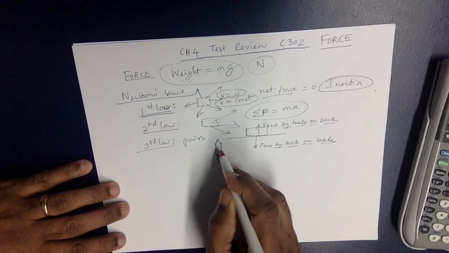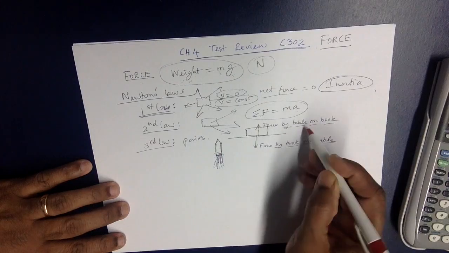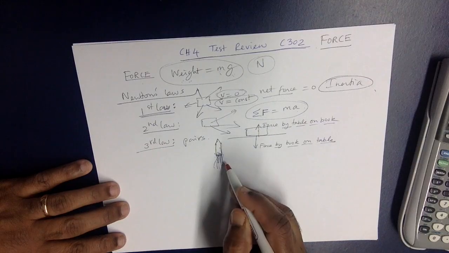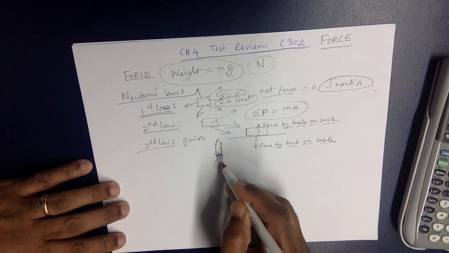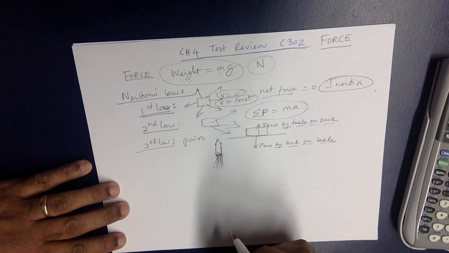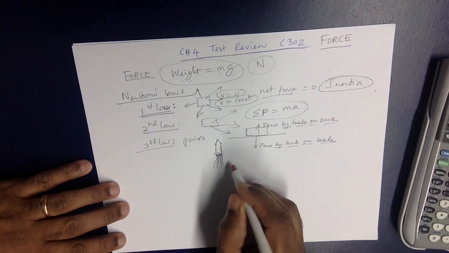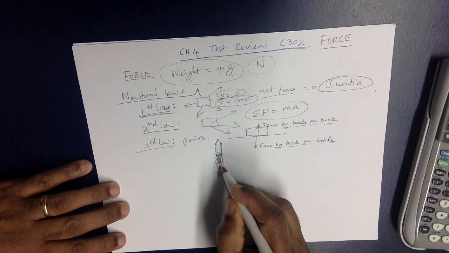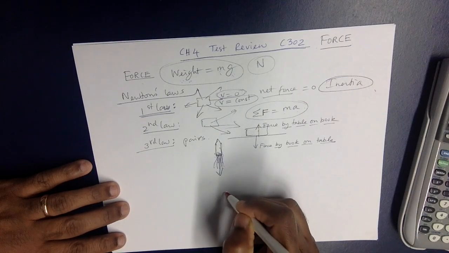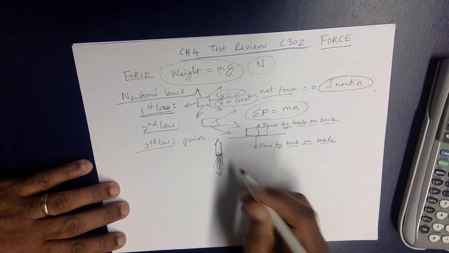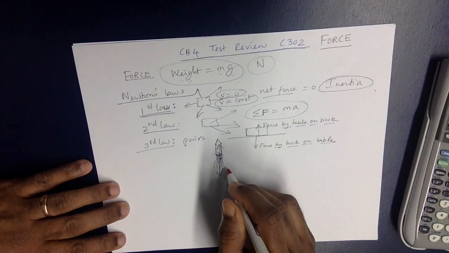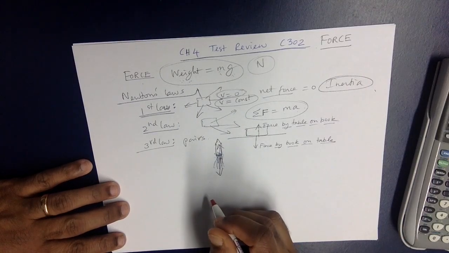So the force by the rocket on the gases will produce a force by the gases on the rocket. So this force is a force on the gases by the rocket. What will the gases do? The gases will apply a force on the rocket which is in the upward direction. So the rocket gets pushed up.